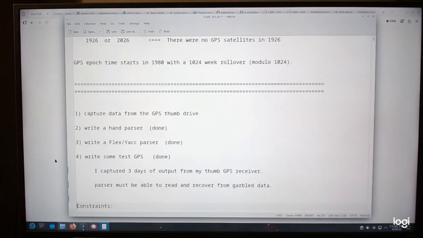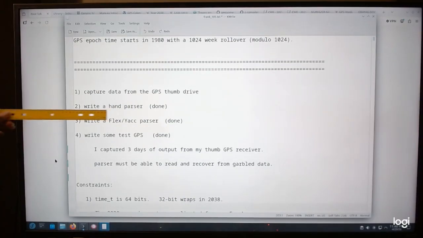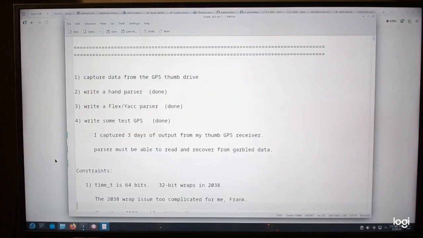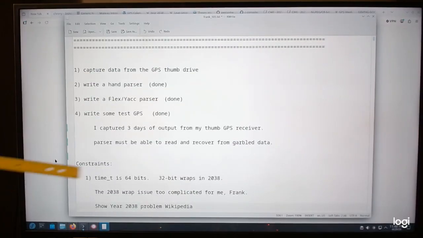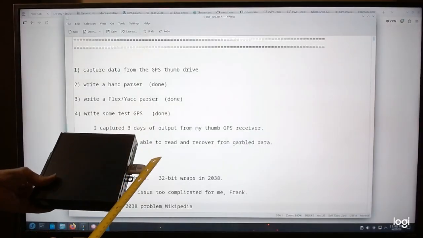Let's capture some data on the thumb drive from those GPS receivers with the hand parser. I showed you that hand parser, and I showed you the flex and yacc parser. Now, I did capture 3 days of output from these on the thumb drive.